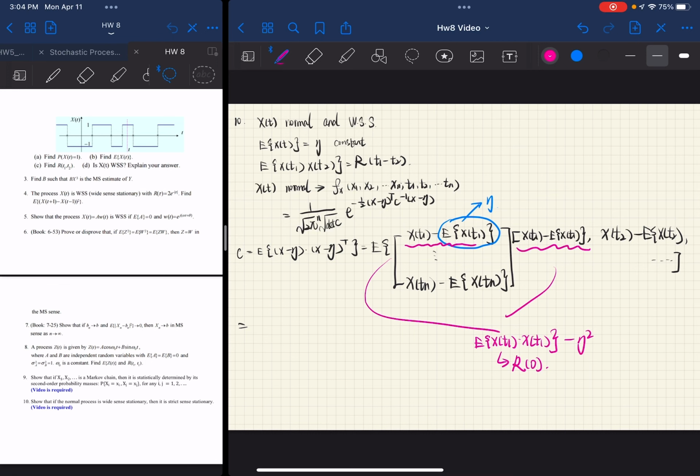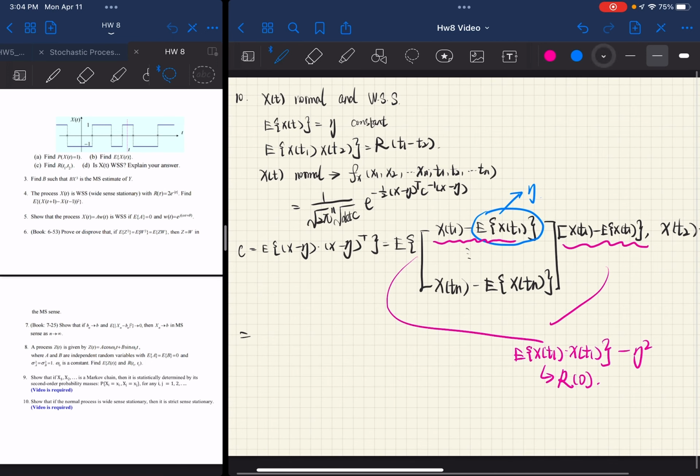So we can rewrite the matrix C as this. The 0 is because t1 minus t1 equals 0.